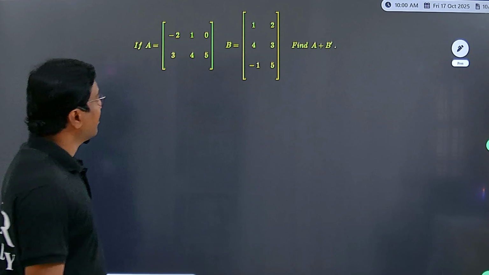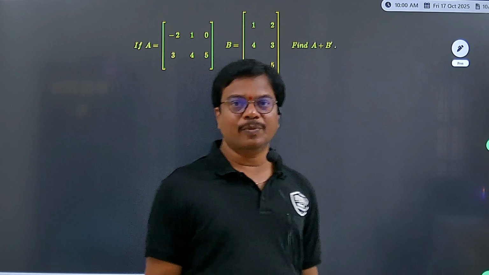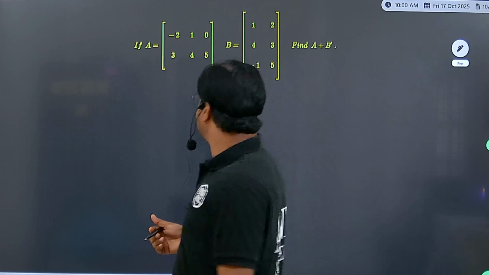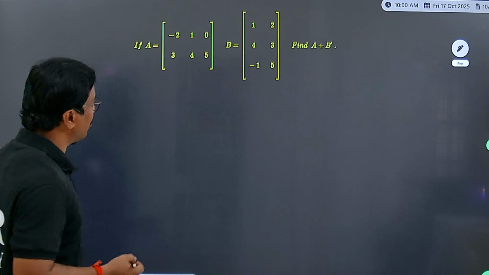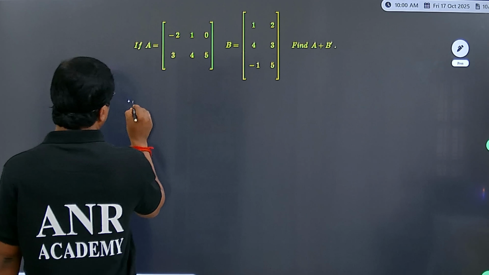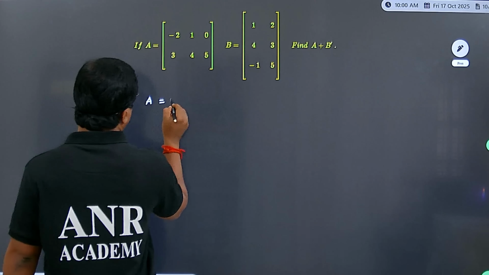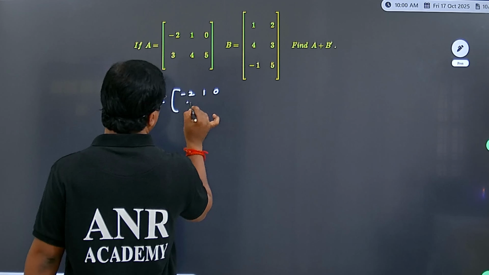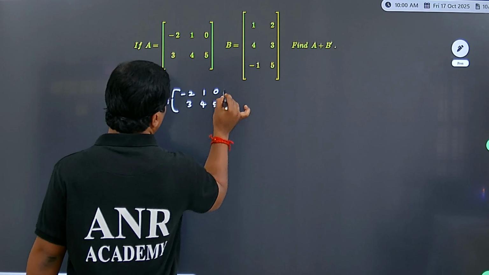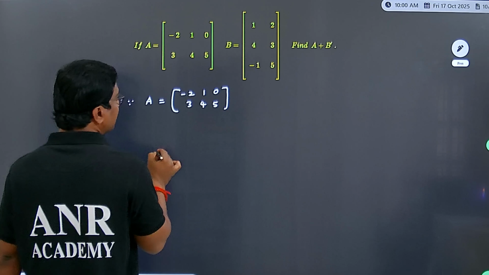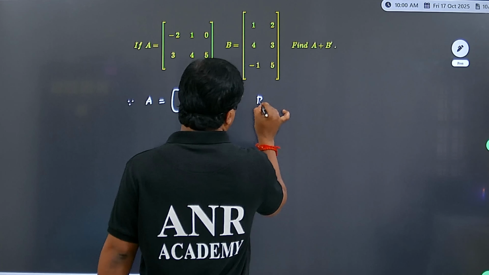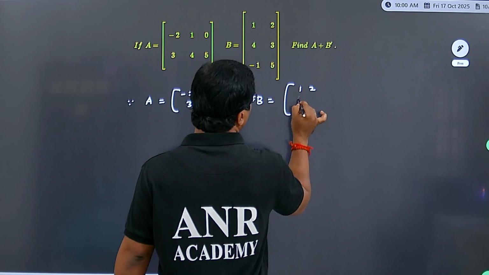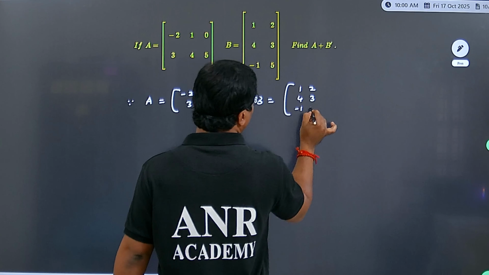Next, A, B are two matrices, then find A plus B transpose, that is the question. Since A has entries minus 2, 1, 0, 3, 4, 5. Next, capital B is a matrix with entries 1, 2, 4, 3, minus 1 and 5.